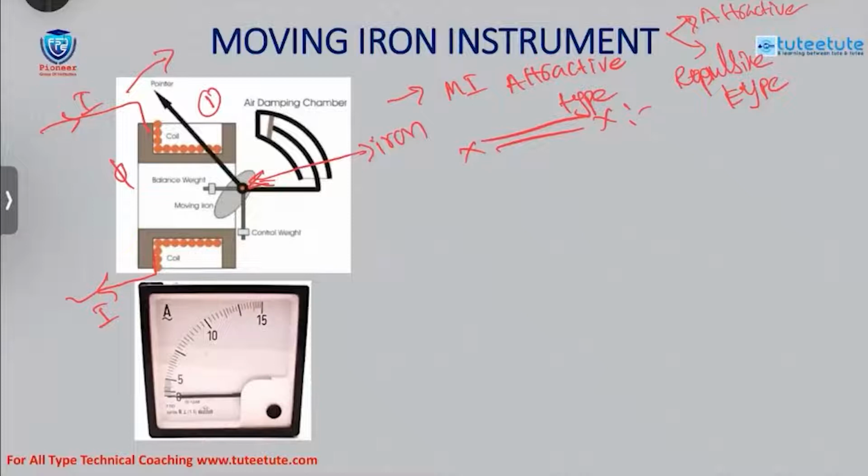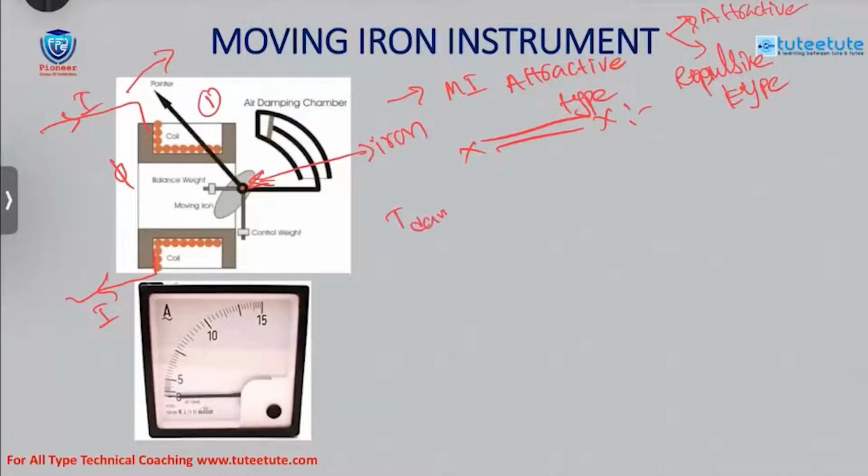Next, coming to controlling torque. Here also we are going to use spring control only. I didn't show it in the picture, but here also we use the spring control for controlling torque. Now coming to damping torque, this is important.